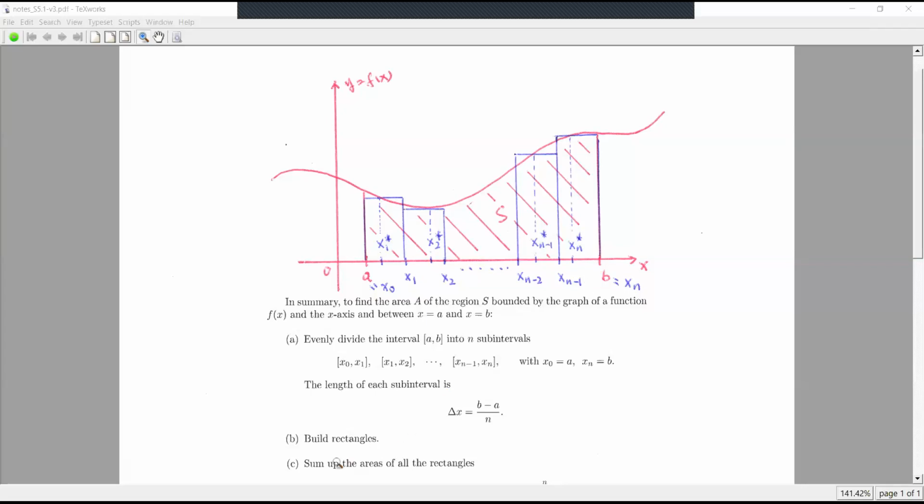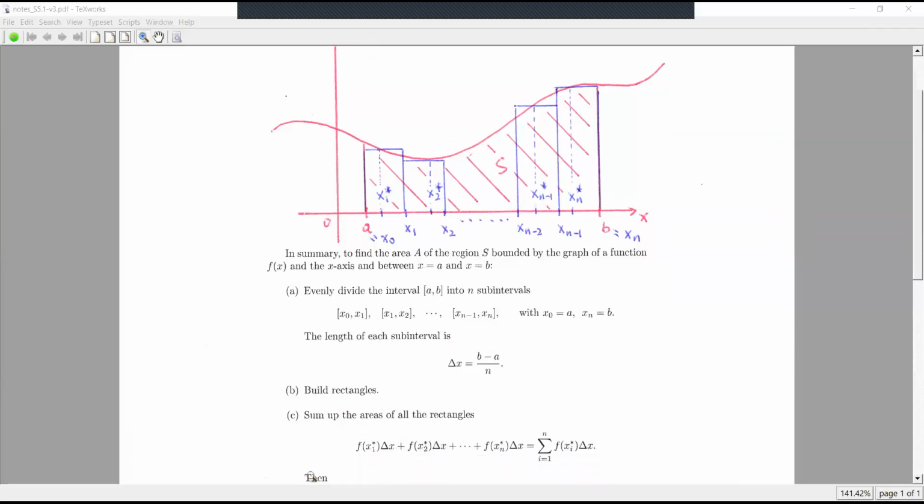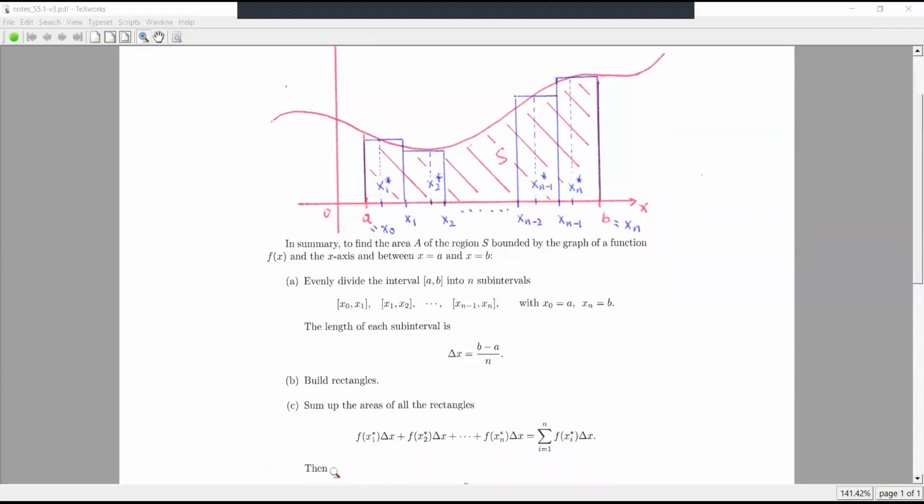Now, step 3. Compute the areas of the rectangles. Say, the first rectangle's area is base times height. The base is the length of the subinterval, (b minus a) divided by n, or delta x.